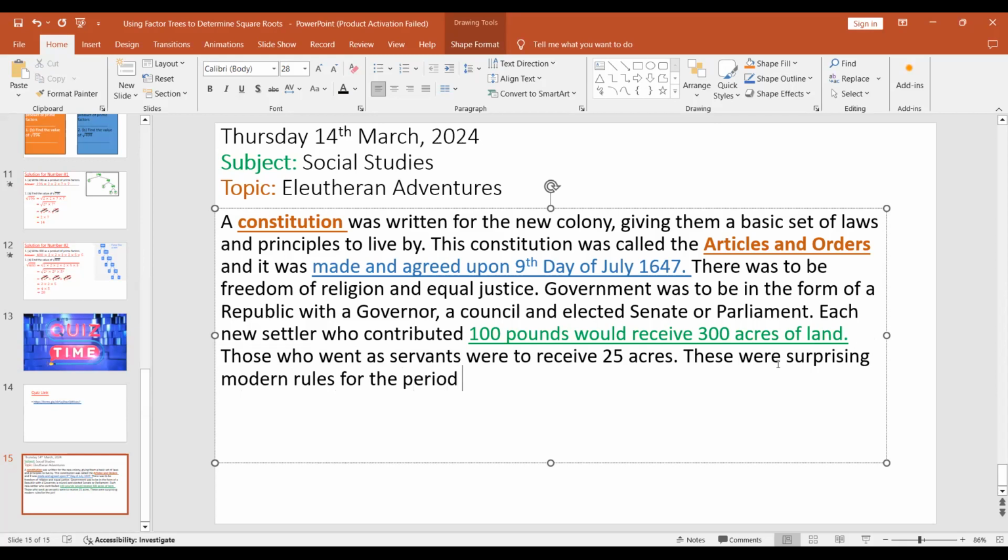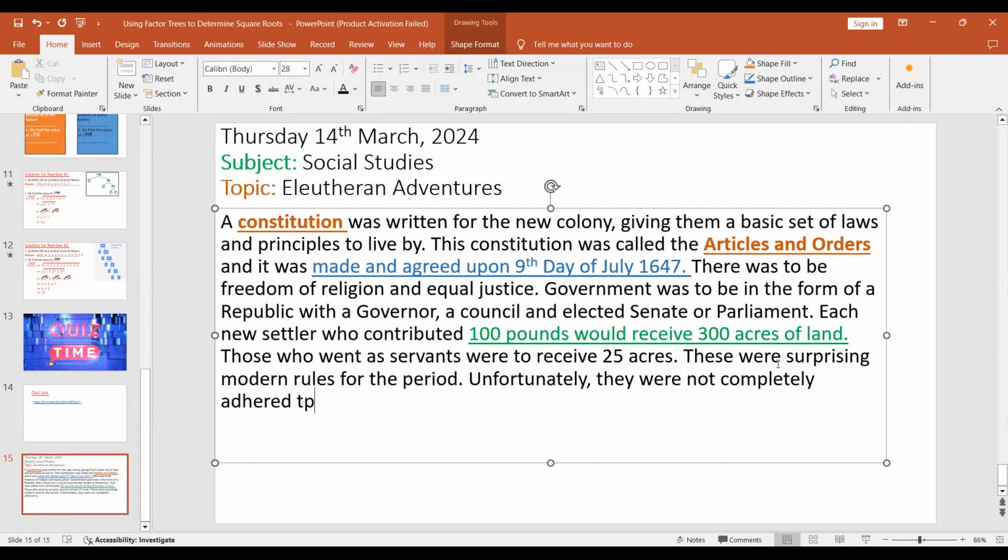So this is not something that was being done commonly. These ideas were new and modern, but unfortunately, when they ended up starting it, a lot of these things didn't happen, right? But they did have freedom of religion. They did have that. But a lot of these nuanced rules that they created were not completely adhered to, because they were in survival mode.